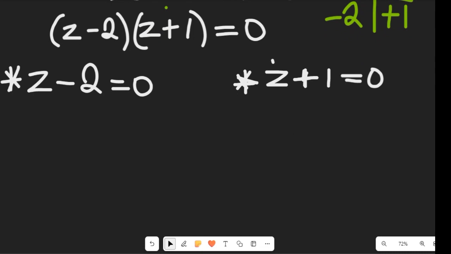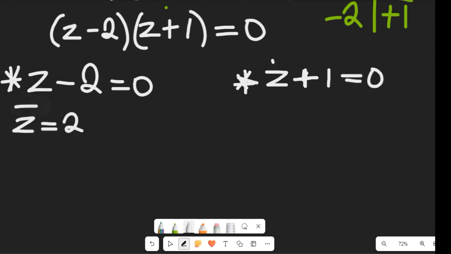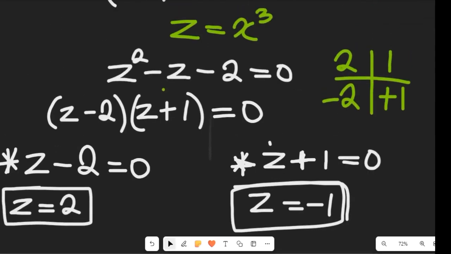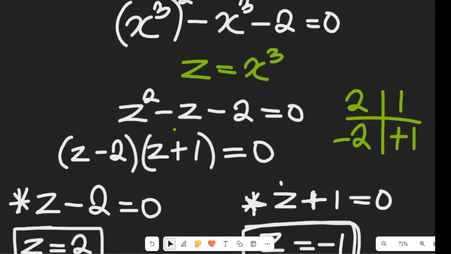If we simplify this, we are going to see that z will be equal to 2, and that is a solution. While over here, the value of z can be equal to negative 1, and this is also a solution. Now, this is not yet the final solution because we are asked to find the value of x.